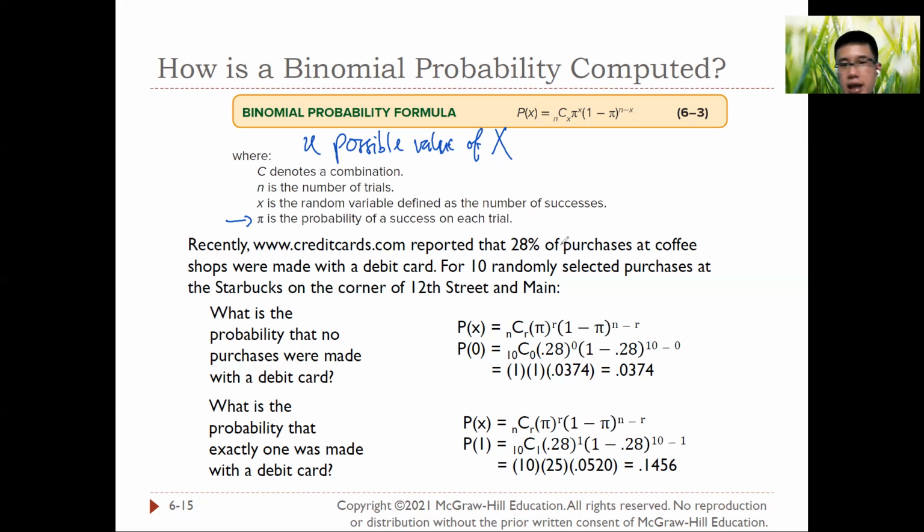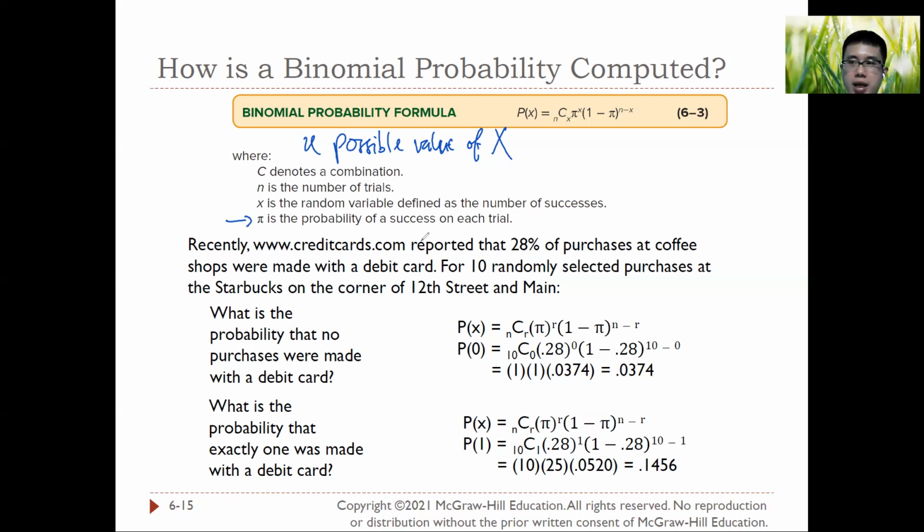And then we randomly select 10 purchases, and we need to find the probability. The first is the probability that no purchases were made by a debit card. So from these 10, the purchases are made by non-debit card.